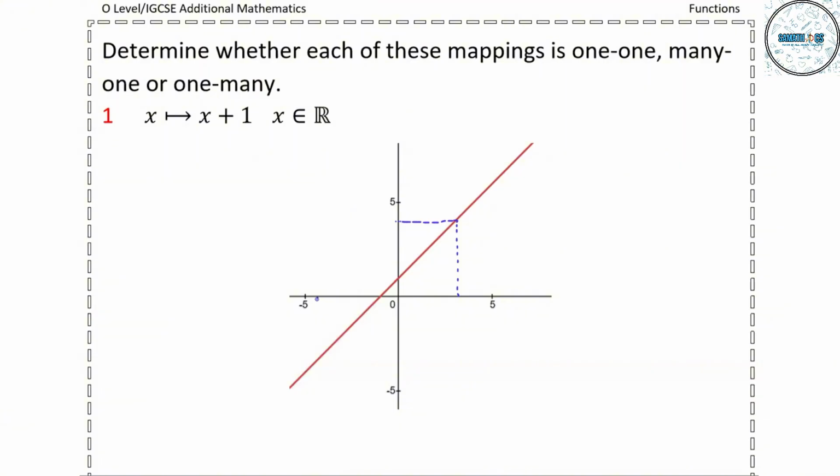We can see here as well, there is one input and just one output. So for one input, there is one output. It is 1-to-1 mapping.